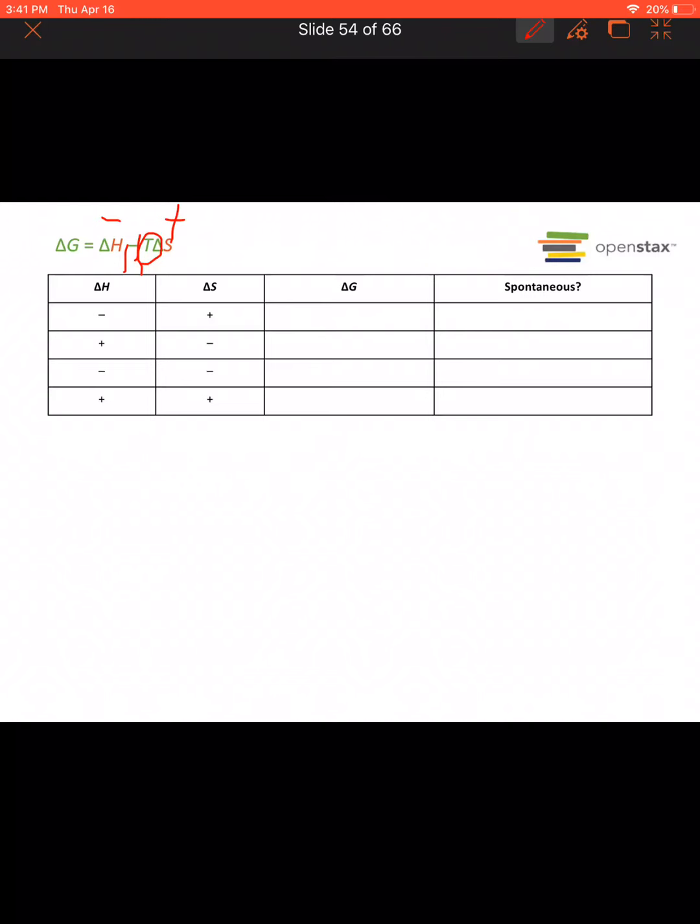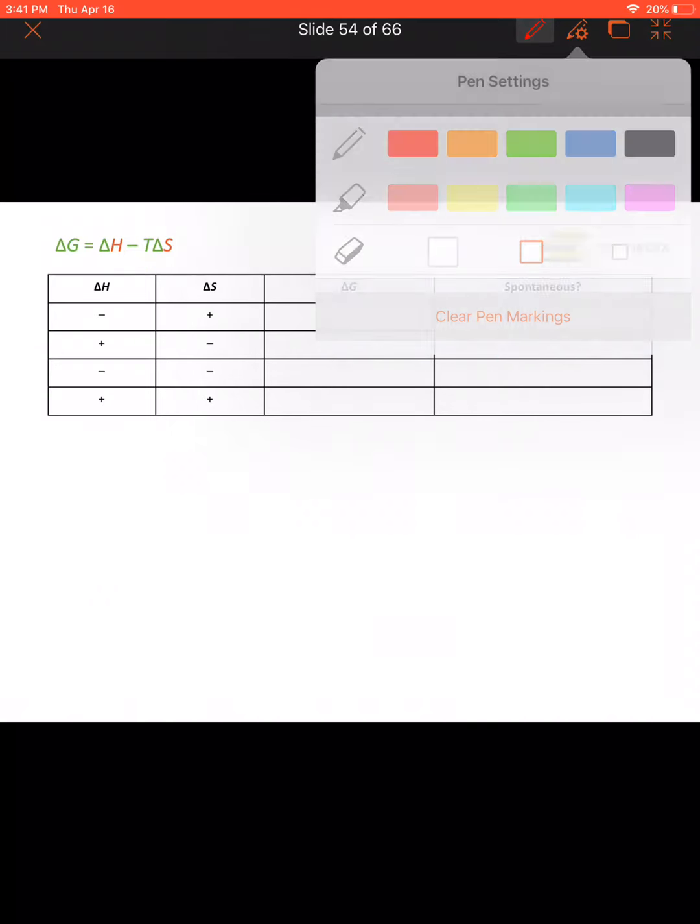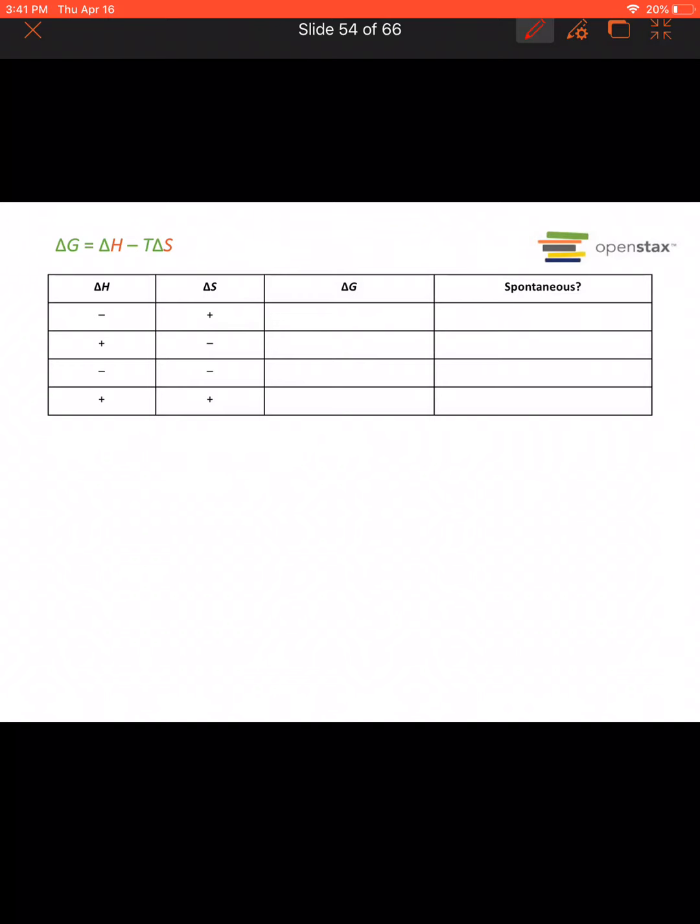And so this will be a negative delta G at low temperatures. That's sometimes a little confusing for students, so I'm going to say it one more time. If I have a negative delta H and a negative delta S, this becomes positive.